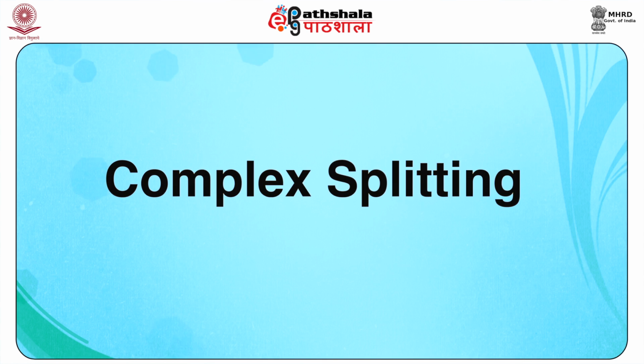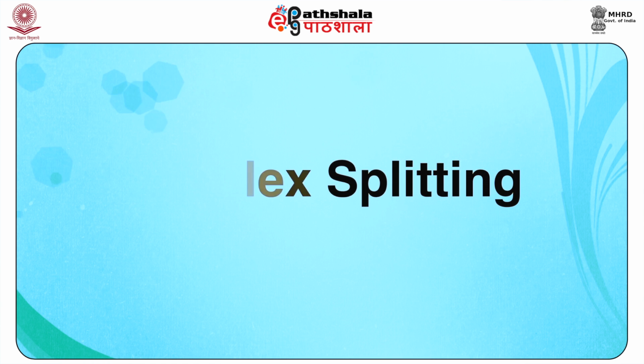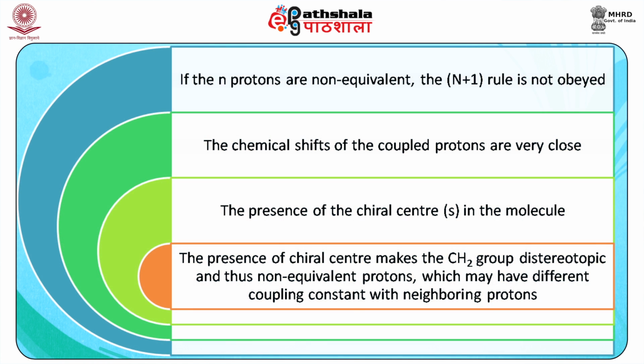Now, let us move our focus to complex splitting. Students, there are various factors which may lead to the complexity of the NMR spectra. If the n protons are non-equivalent, the n+1 rule is not obeyed. The chemical shifts of the coupled protons are very close, and there may be the presence of a chiral center or centers in the molecule.